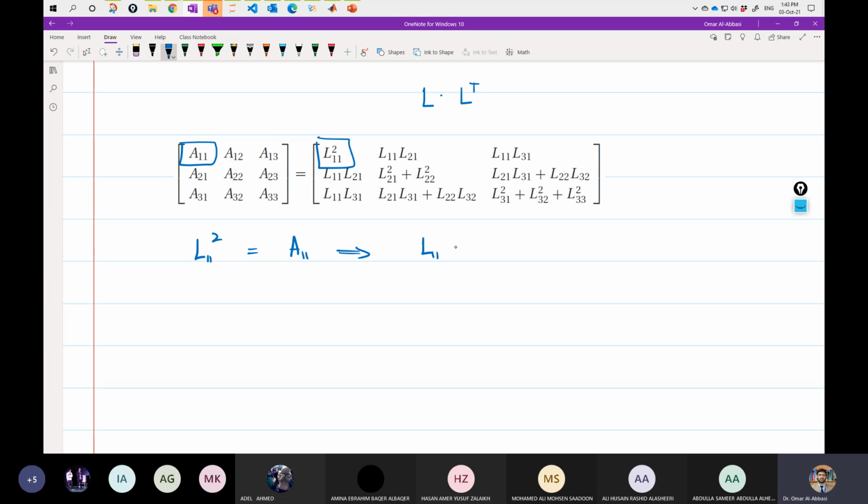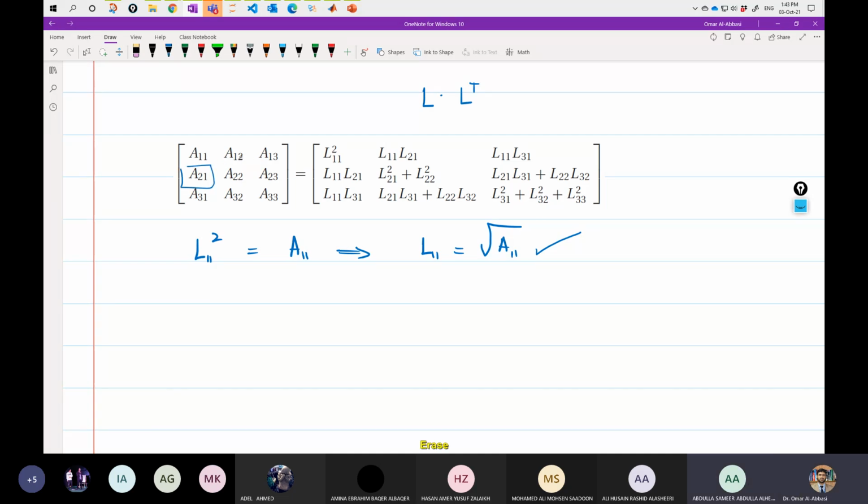This means L11 equals square root of A11. Done? Shall we move to the next element? 1, 2. By the way, 1, 2 and 2, 1 are the same, right? Yes, doctor.